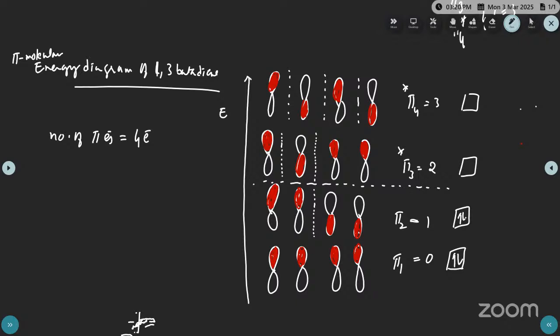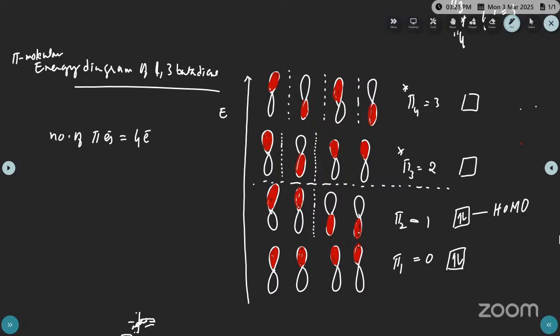So HOMO means highest occupied molecular orbitals. How many are occupied? This is the occupied molecular orbital with electrons. This is also occupied molecular orbital. So in these two, which is higher energy one? So higher energy is this one. This is lower energy, this is higher energy.